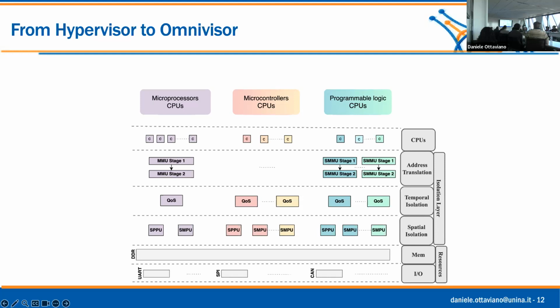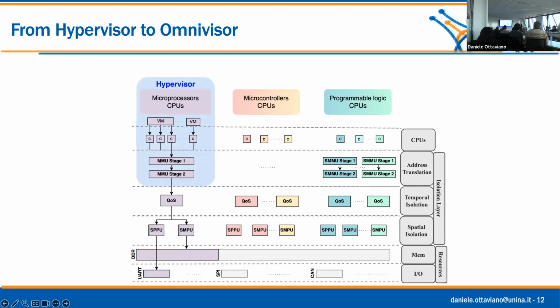So when you employ a hypervisor, what happens is the hypervisor creates virtual machines on the classical microprocessor CPUs. These virtual machines can access memory, and you can partition the memory using the MMU. So you are sure that the virtual machines are not going to corrupt each other thanks to the MMU. But there's a lot of stuff in this kind of multiprocessor system on chip that is not touched by the hypervisor.